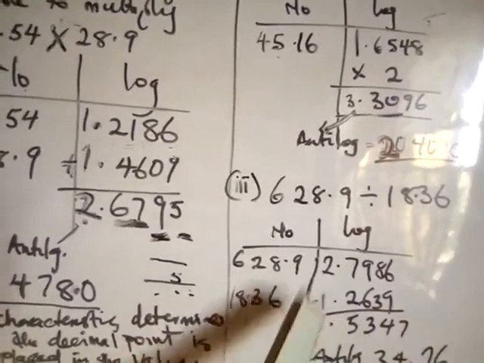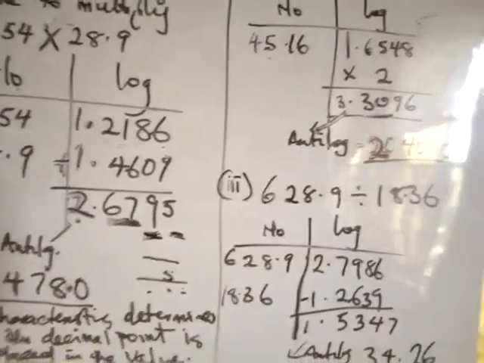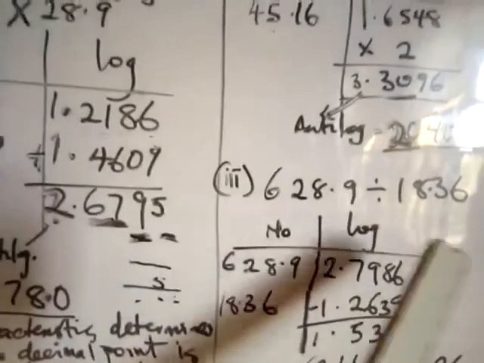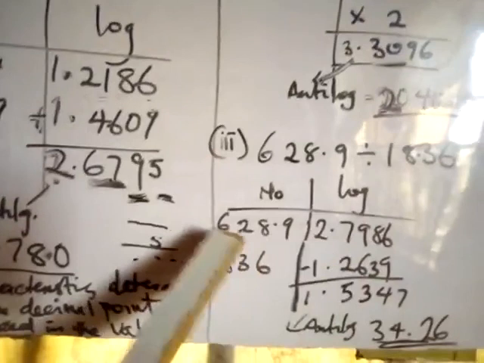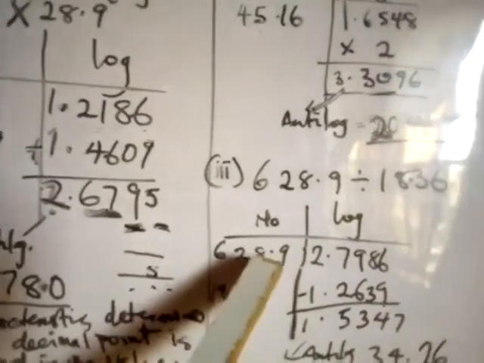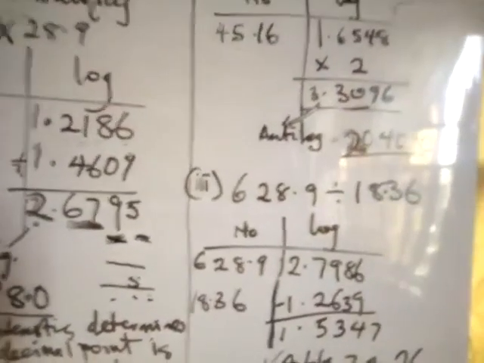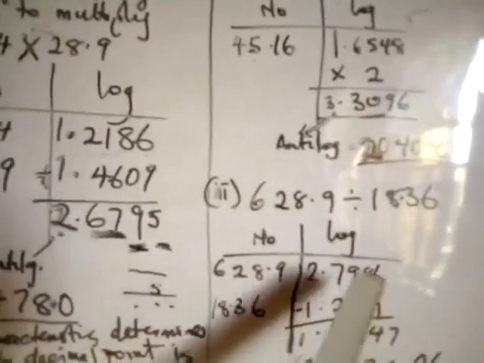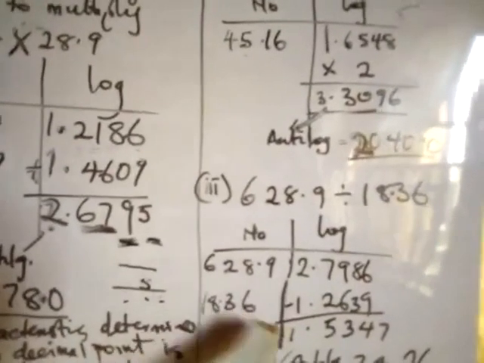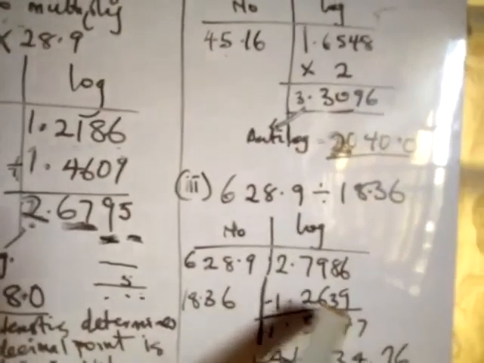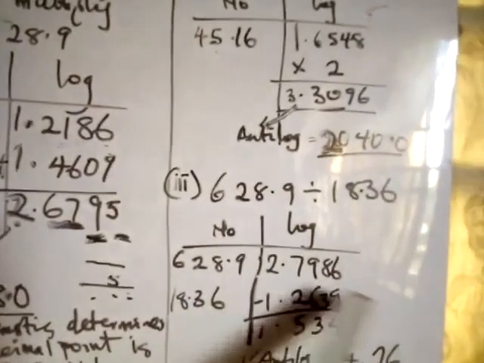Now in the case of division, the logarithm of 628.9 is 2.7986. The logarithm of 18.36 is 1.2639.